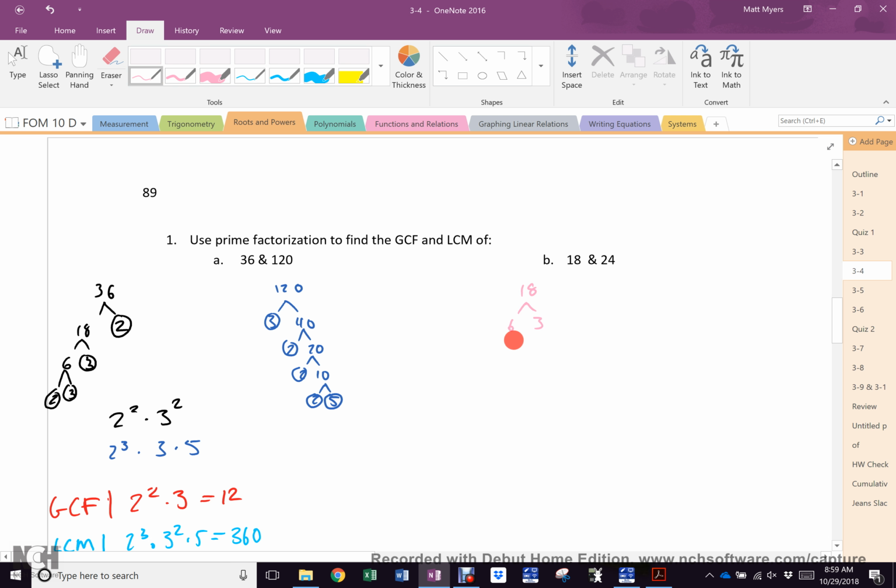We already have done 18, so it is 2 times 3 squared. Yes? 24: 2 and 12, 2 and 6, 2 and 3. So it is 2 cubed times 3.